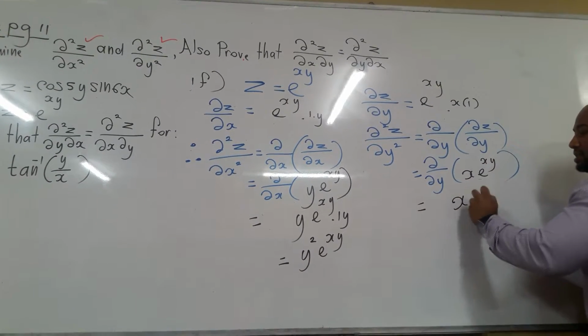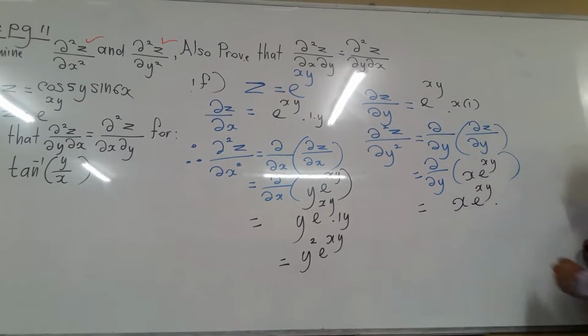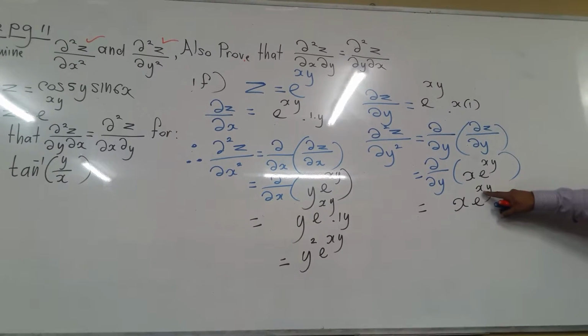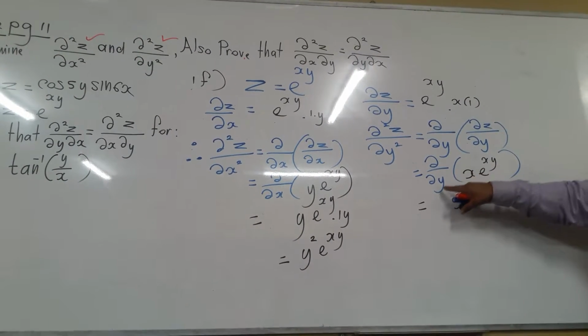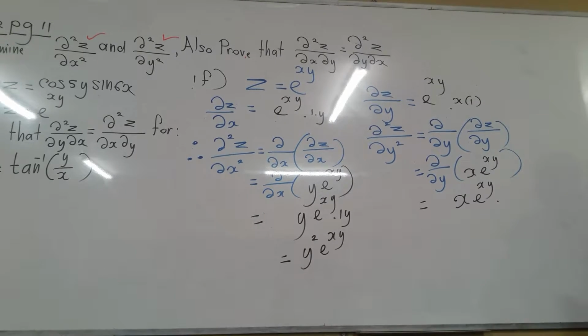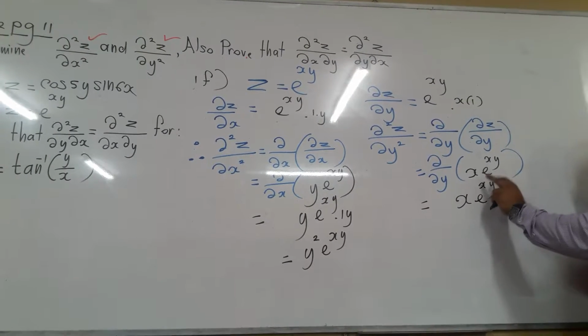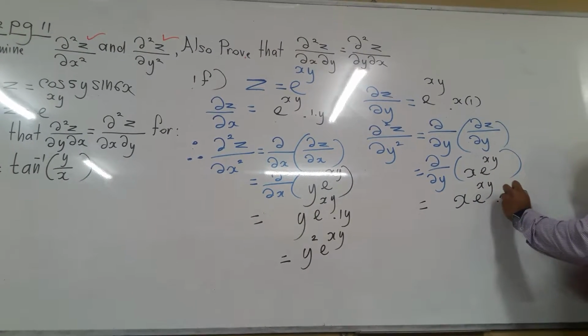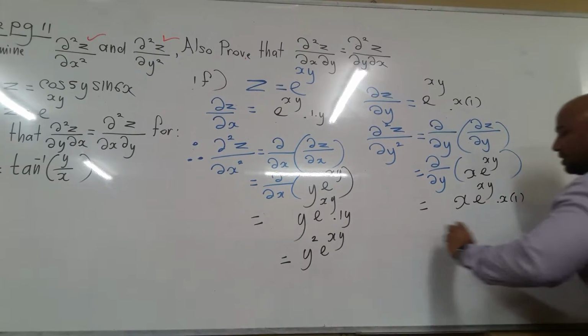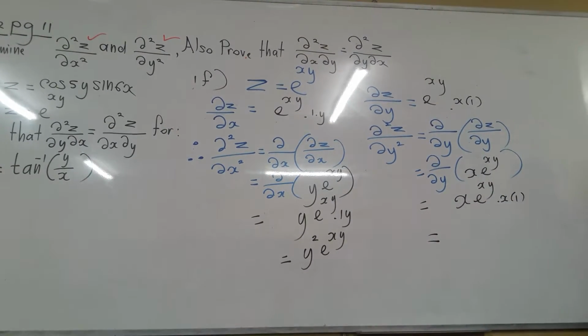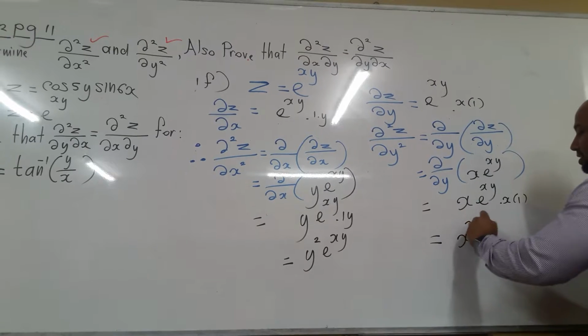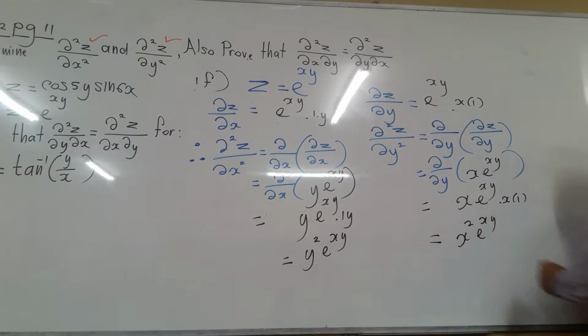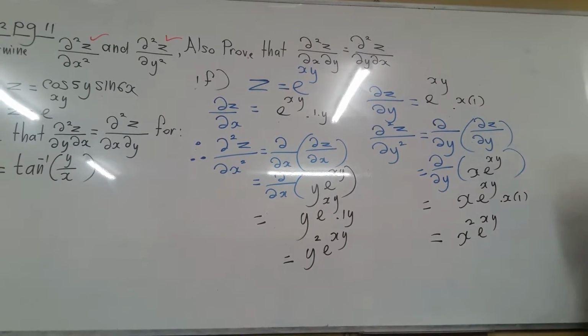So that will be x e to the power xy times the derivative of xy with respect to y. With respect to y, you treat x as a constant, so that will be x times 1. So we just multiply that, that will be x squared e to the power xy.